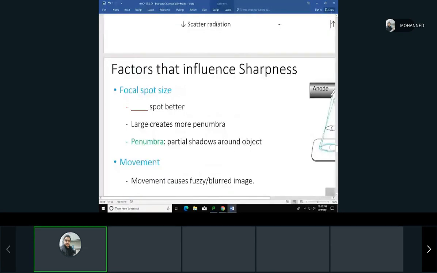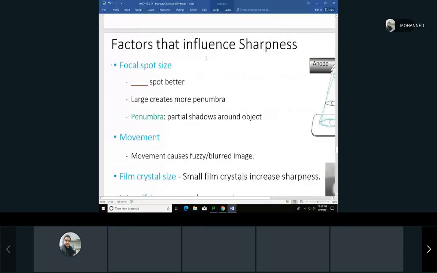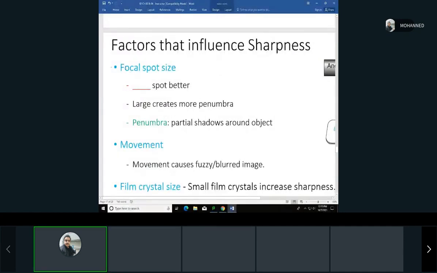Continuing with factors that influence the exposure. Now here we're talking about sharpness. So the focal spot, remember the focal spot, right? Is smaller better or bigger better? Smaller, right? Again, this we talked about before when we talked about shadow forming. So the larger will create a penumbra, okay?